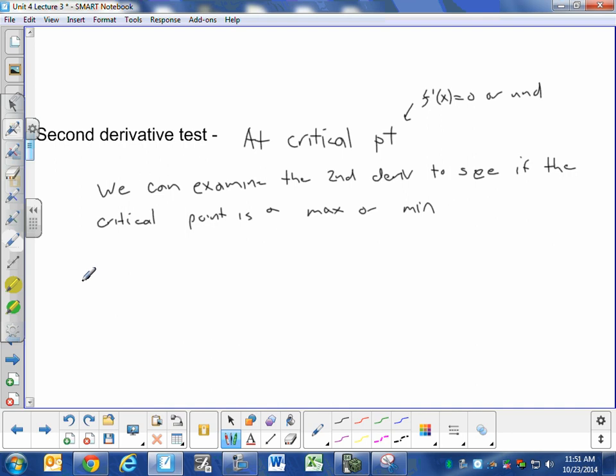If I have a critical point, say I'm looking at f prime, and at 3, f prime is 0. But say I don't know the signs of f prime to the left and to the right of 3. However, say I'm told f double prime of 3 is positive. Is f of 3 a max or a min?